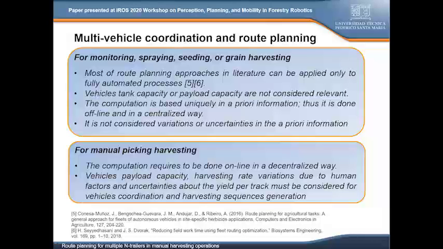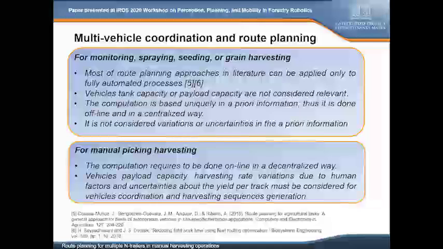Therefore, the vehicle has to interrupt the operation very often for unloading the filled bins at a collection station and then resume the harvesting by towing empty bins. Moreover, in manual picking operations, the picker performance causes the harvesting rate to change in dynamic and non-deterministic ways. Thus, route planning requires redefining the initial plan online as new inputs are revealed during the execution of the routes.